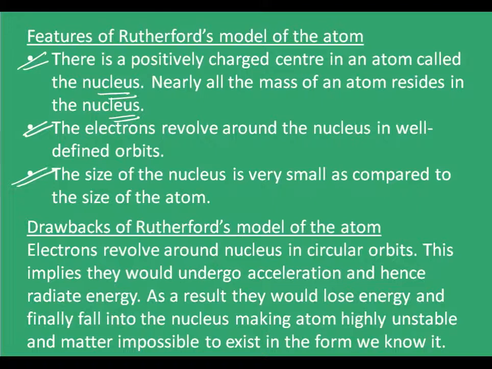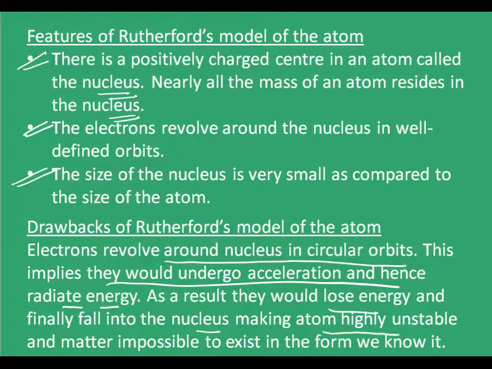Even having done all those experiments and suggesting his own model, Rutherford's model was discarded. The reason was electrons revolve around the nucleus in circular orbits. This implies that they would undergo acceleration and hence radiate energy. As a result, they would lose energy and finally fall into the nucleus, making the atom highly unstable and matter impossible to exist in the form we know.